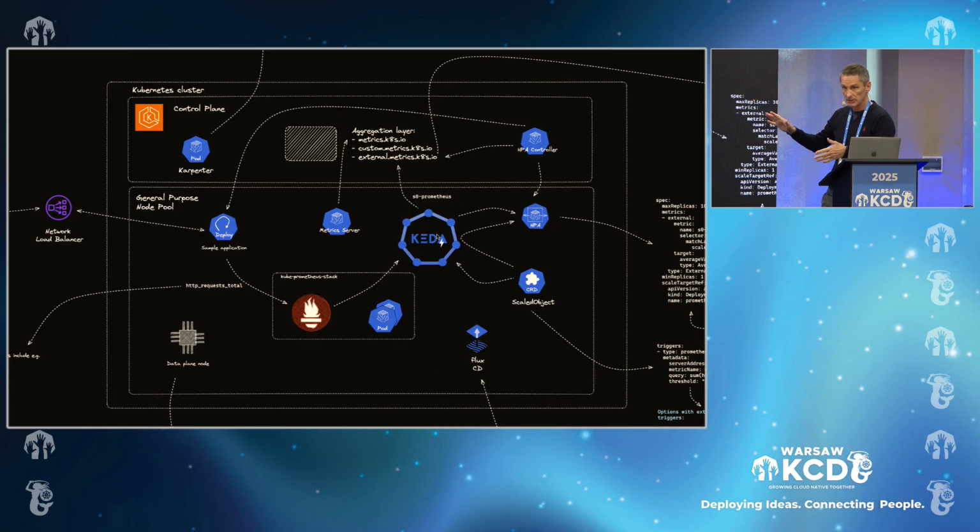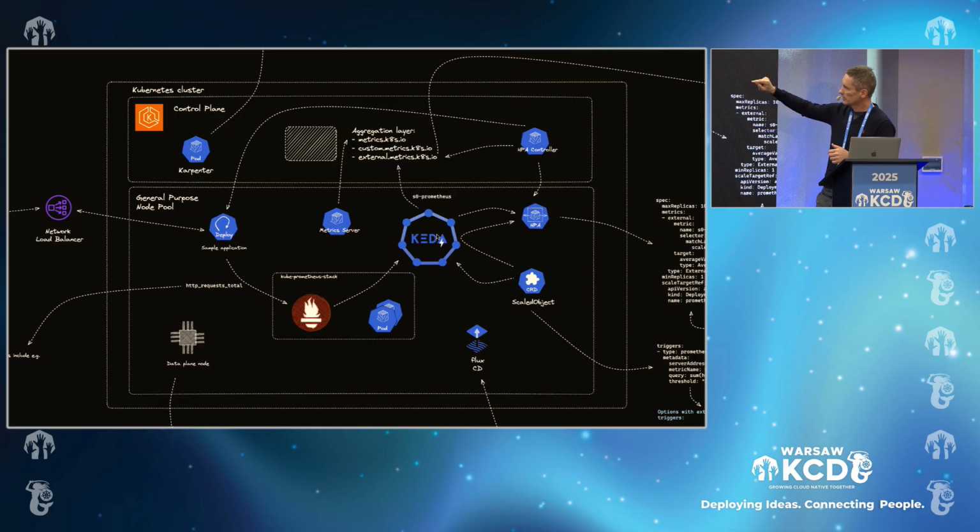And what I will be doing is basically increasing the number of APIs that I'm going to call. So I will be calling this multiple times. And the metric that it exposes will go through the Prometheus, which I deployed with the Kube Prometheus stack. And that will be exposed by KEDA into the aggregation layer.